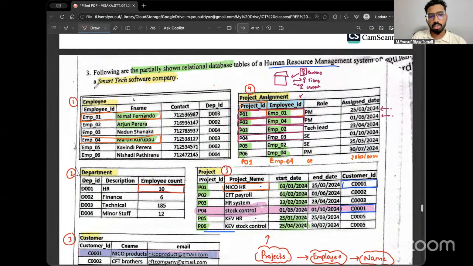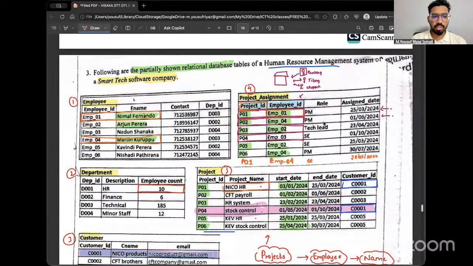If I ask you the question, who is the person who has employee number 5? What will be your answer? Surya, I'm asking you. Kavindi. Now, the same question I can ask you.